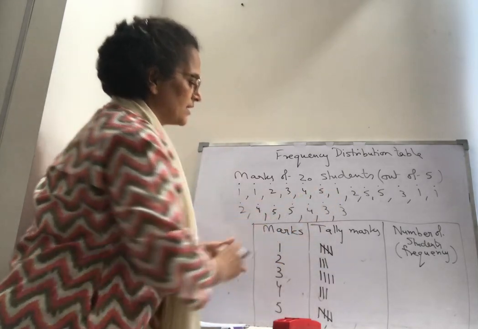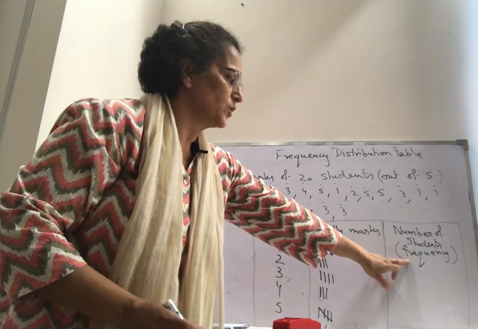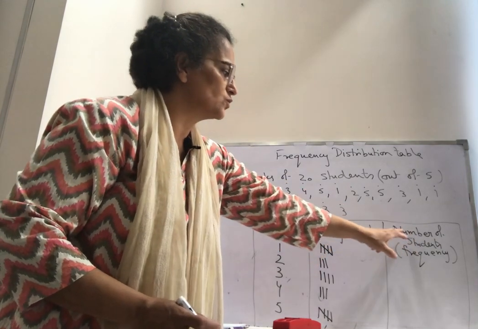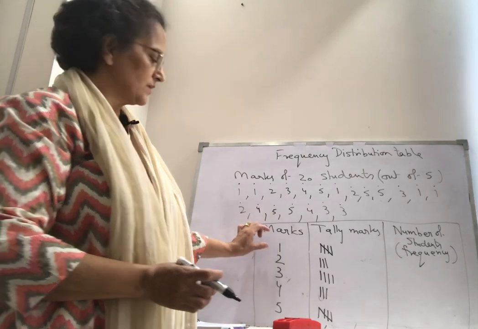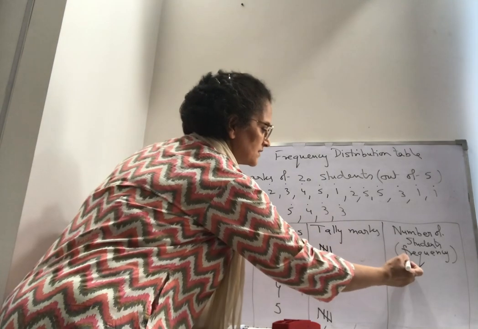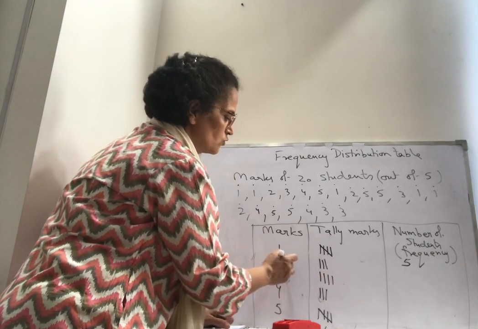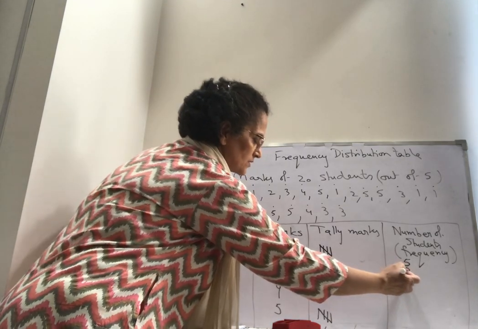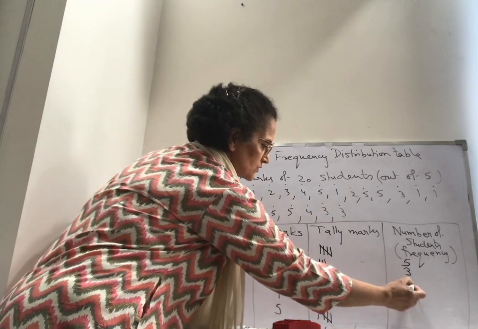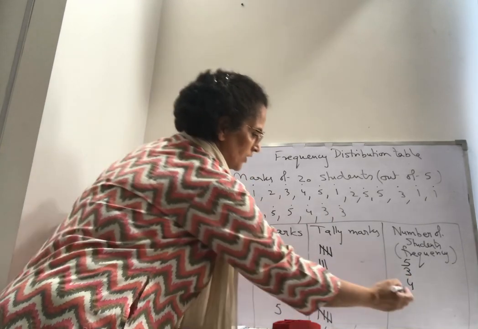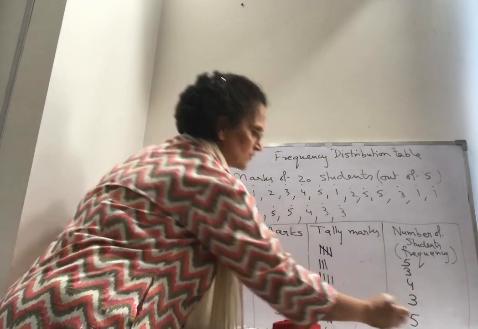So after doing this we can write the frequency or the number of students who have scored 1 mark out of 5. So how many are these? This is 5. How many students scored 2 marks? 3 students. How many students scored 3 marks? 4 students. 3 of them scored 4 marks and again 5 of them scored 5.